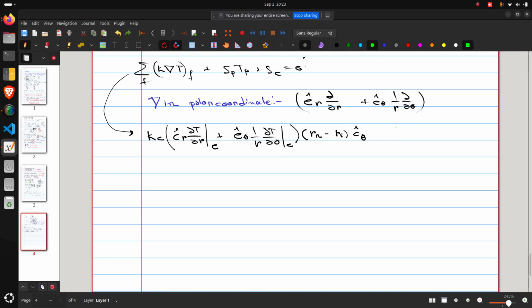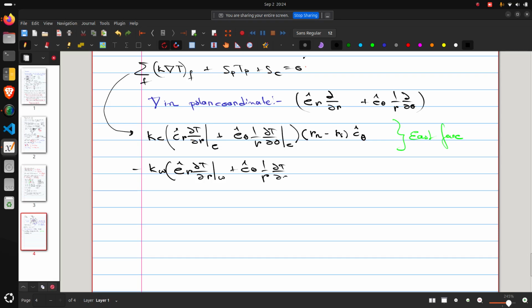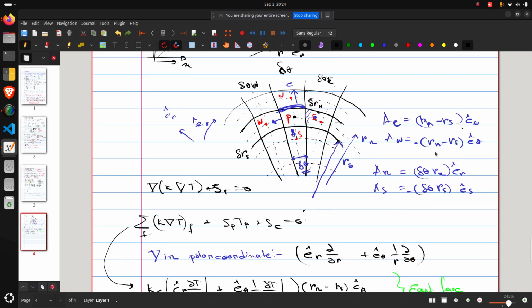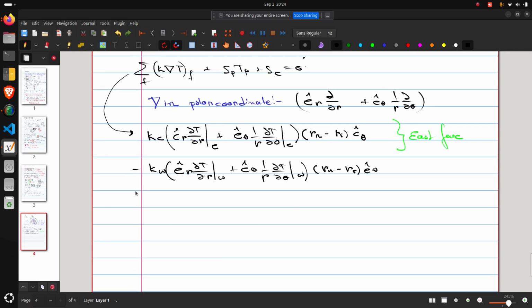So for east. Now coming to the west face, it will be negative Kw, E cap R dou T dou R at west face plus E cap theta 1 by R dou T dou theta at west face, and Rn minus R small s, E cap theta, right? And there is a negative sign which goes in here, right?